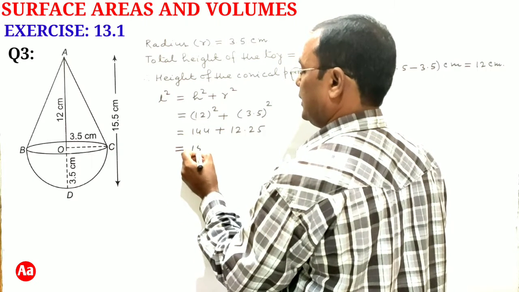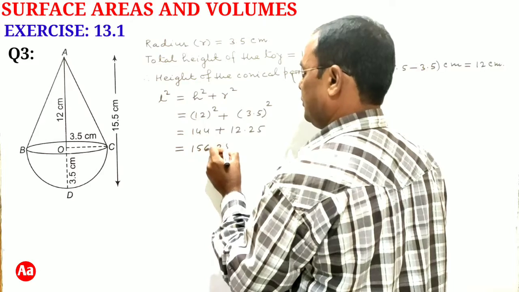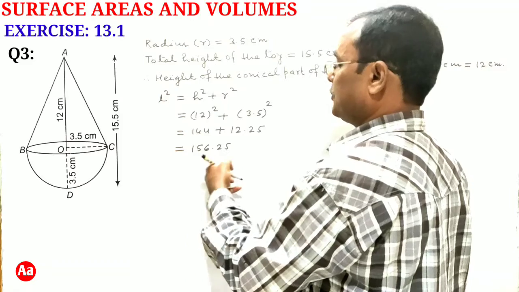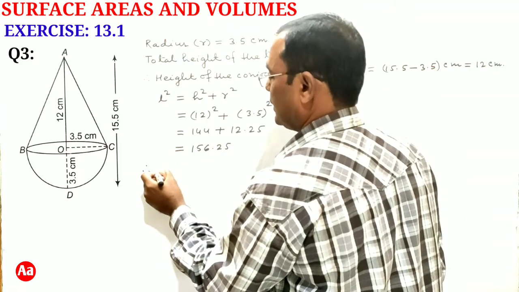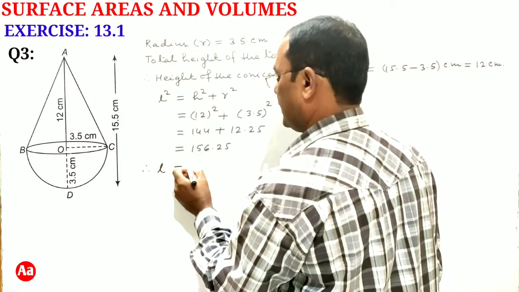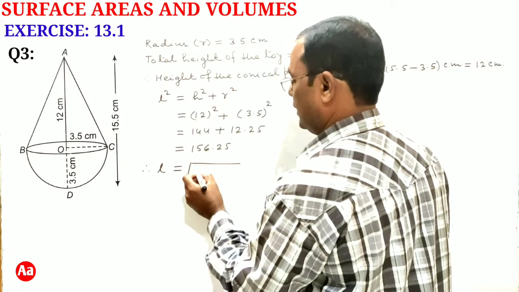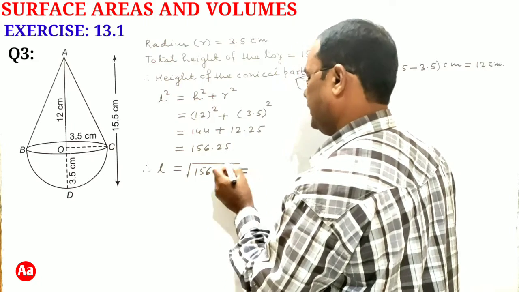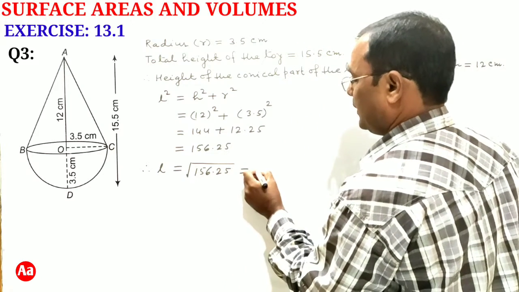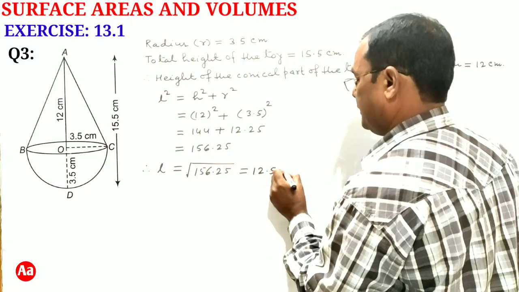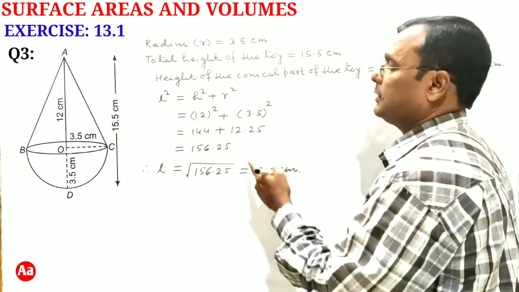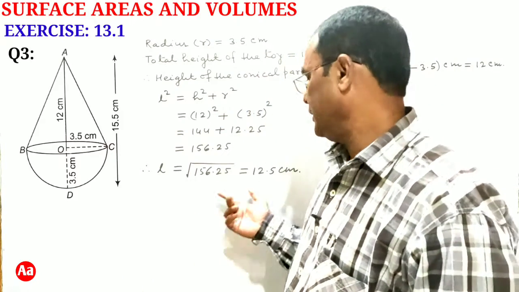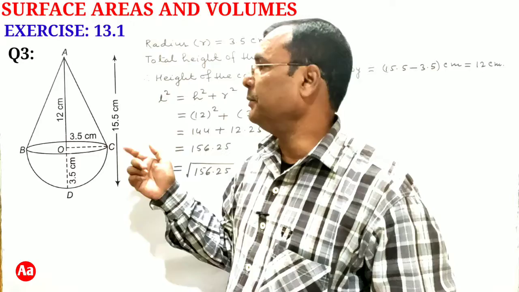This is 156.25 centimeter square, which is equal to L square. Therefore, slant height of the conical part L is equal to under root 156.25 and its square root is 12.5 centimeter. So slant height of the conical part L we have calculated 12.5 centimeter.